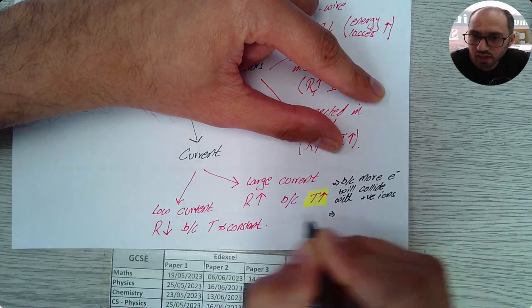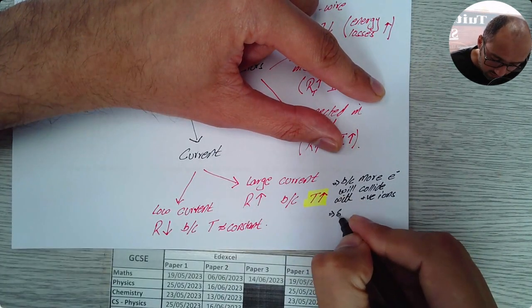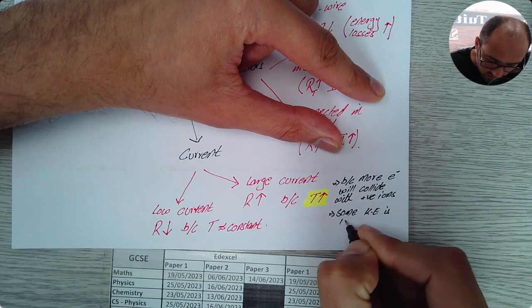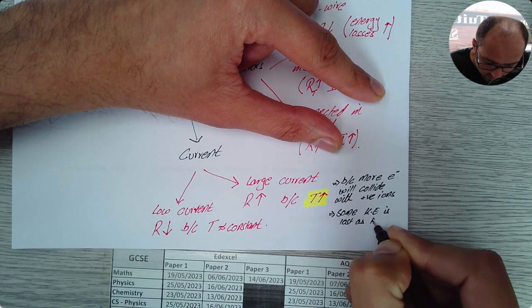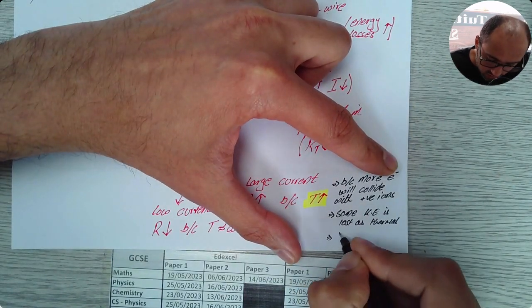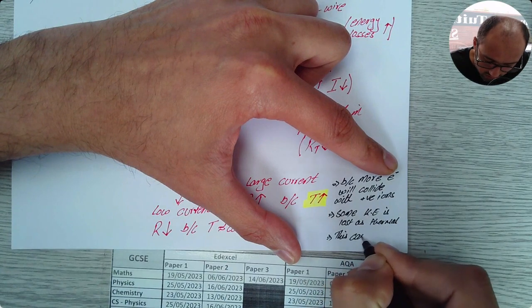When they collide with positive ions, some KE is lost as thermal energy. And if that's the case, this causes the temperature to increase.